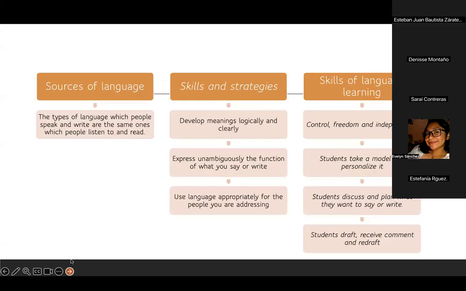Then, when we are talking about productive skills, what is the source of language? Well, the types of language which people speak and write are the same ones which people listen to and read. What does that imply?